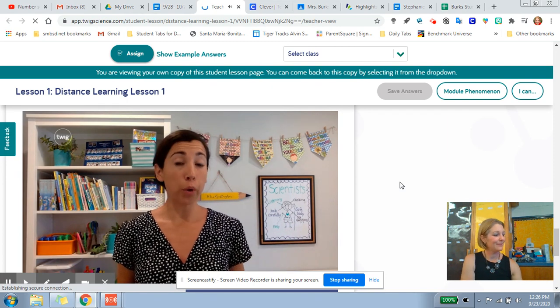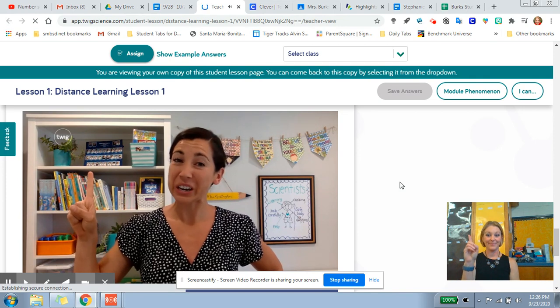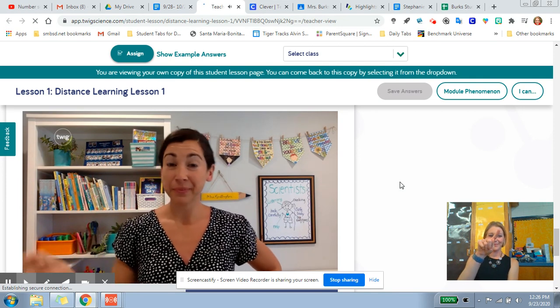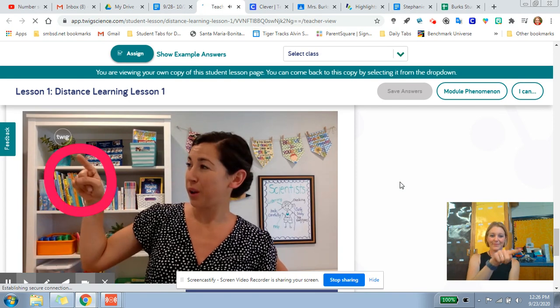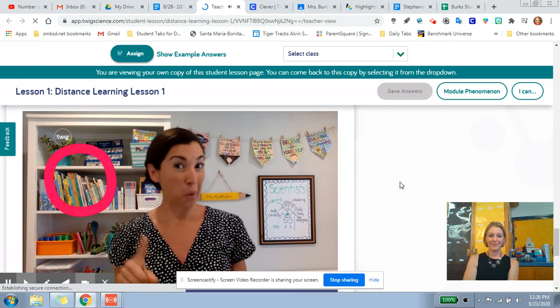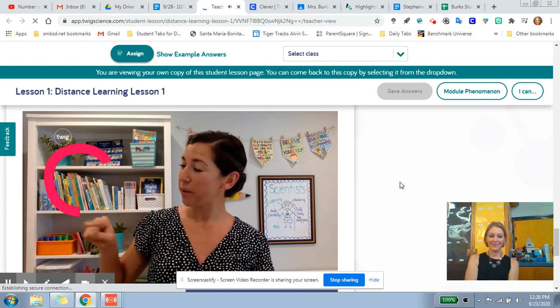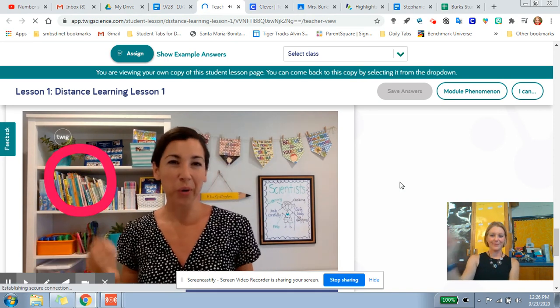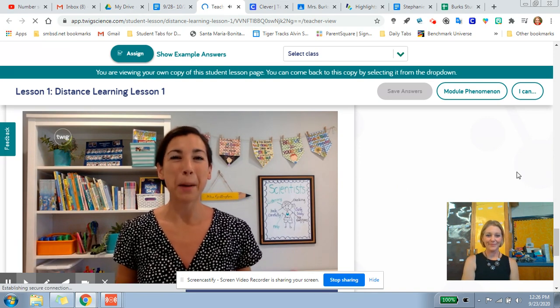Let's write a lowercase o in the air with your finger. Do it with me. Start here and go all the way around. O. One more time. Start here and go all the way around. O. Now, let's try writing an O on some paper.